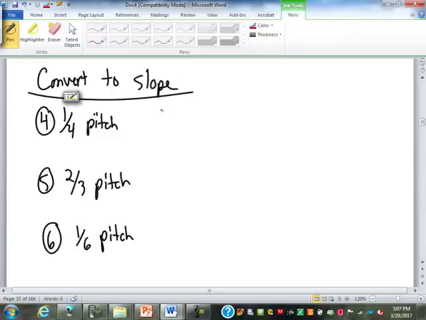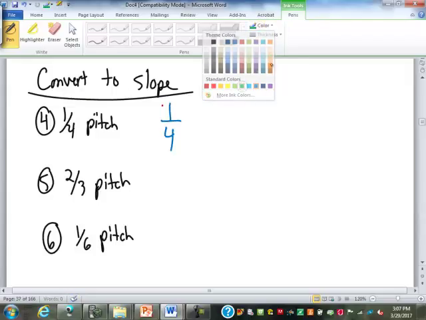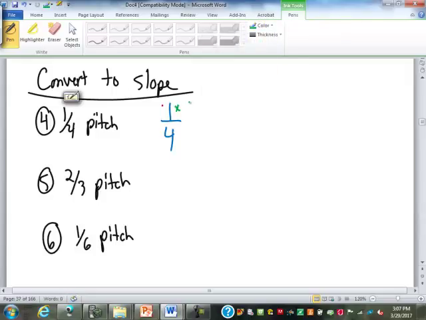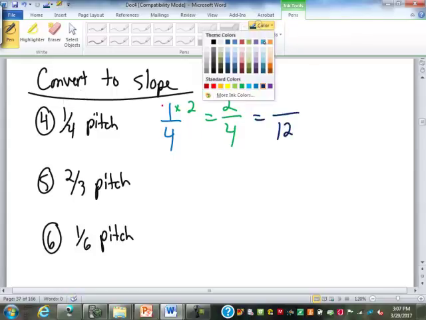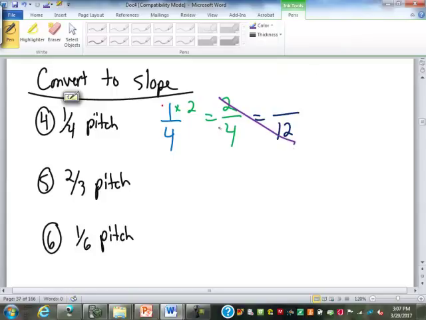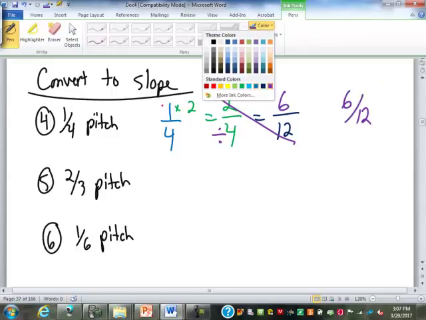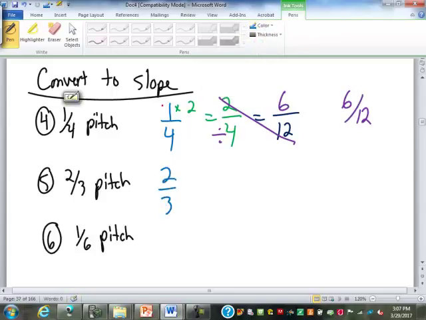So for a 1/4 pitch, what do we do? So that becomes 2/4, good. Perfect, so that's a 6/12 slope. 2/3 pitch, what do we do? 2 times 2 is 4/3.